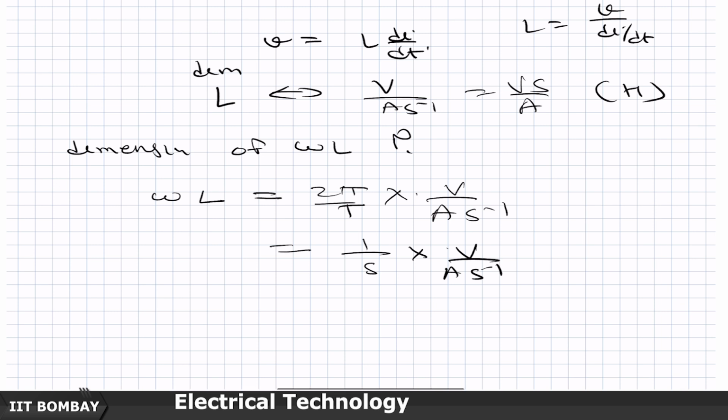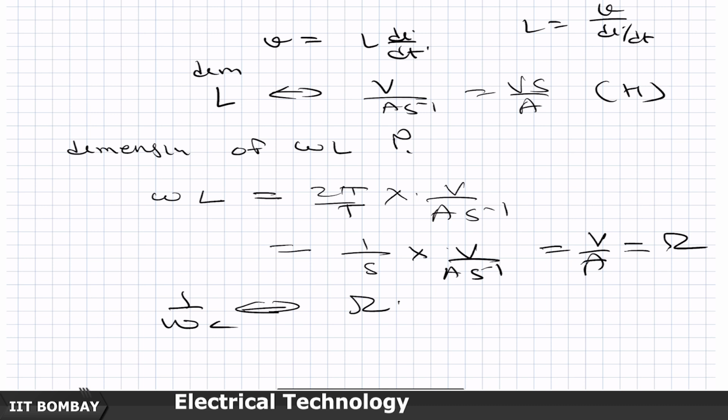So this is nothing but V by ampere, which by dimension comes out to be ohm. Similarly, I leave it to you to check that the dimension of 1 by omega C is also ohms only.